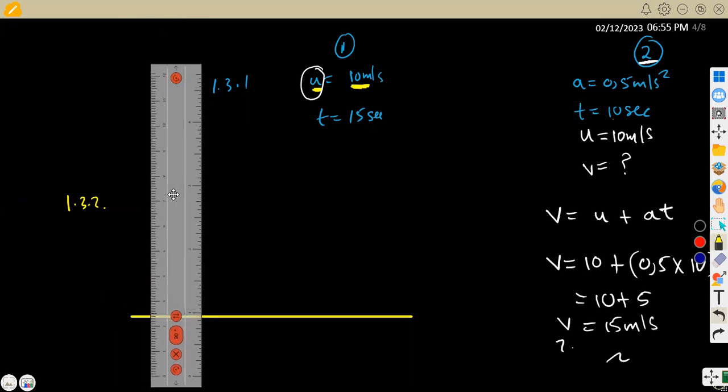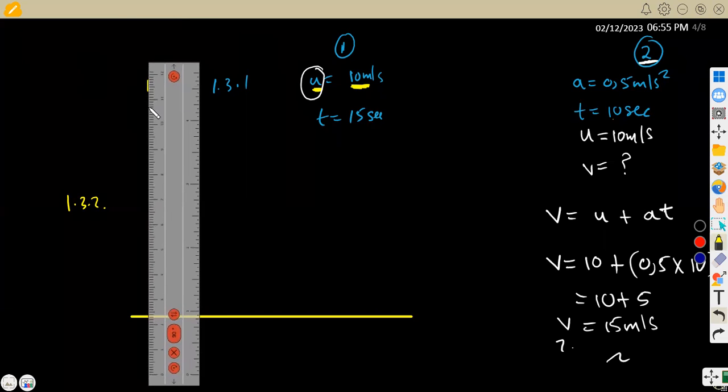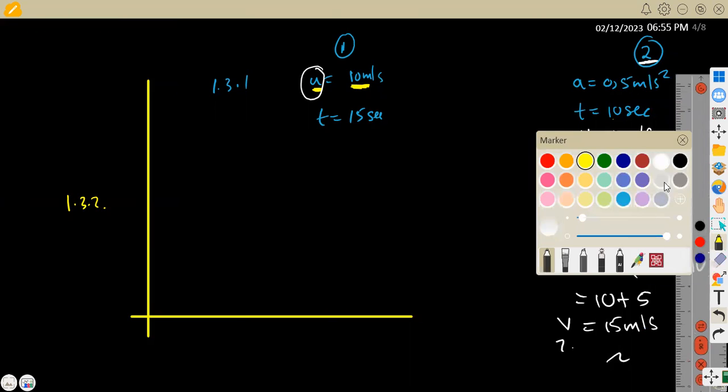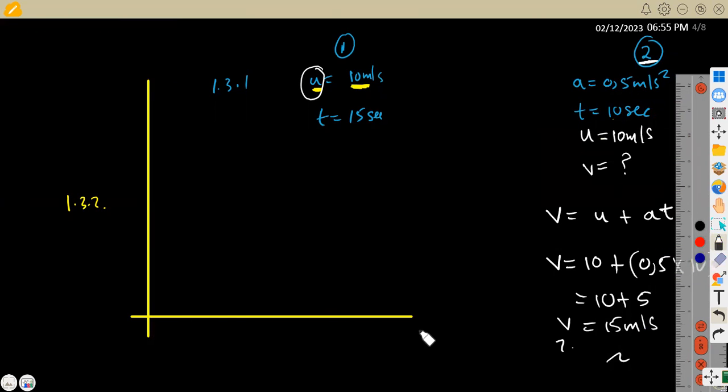So we shall have our velocity here, this point like this. From this information that we have, we shall have our time. This is the axis for time in seconds, and this is the axis for velocity in meters per second. Take note, we are given that this was the first part. I told you that this was the initial velocity of 10.